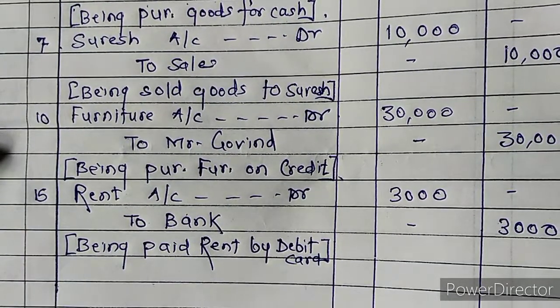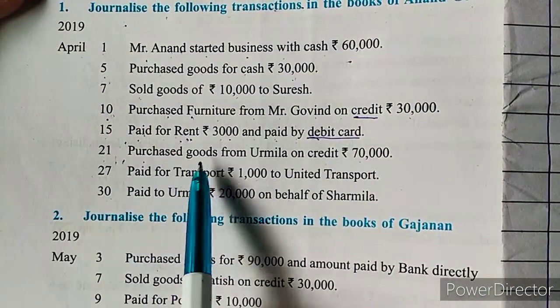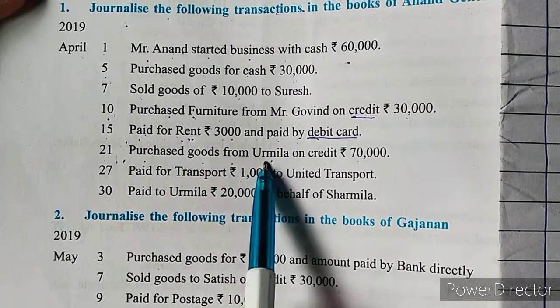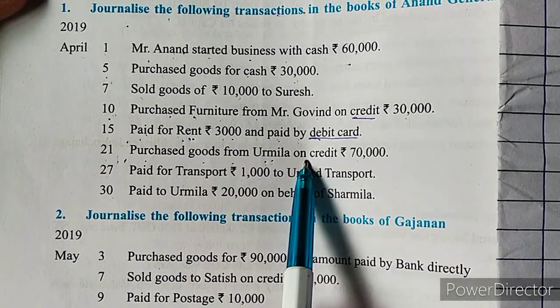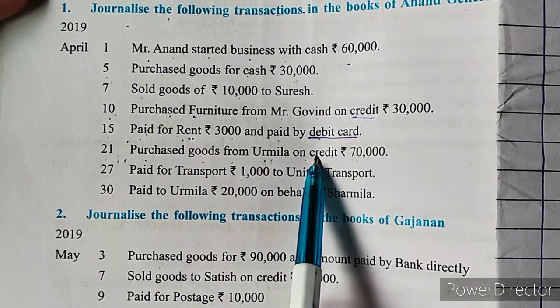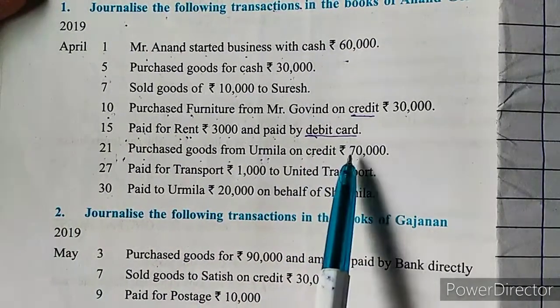Now, next transaction, on 21st, purchase goods from Urmila. Goods are purchased from Urmila on credit rupees 70,000.